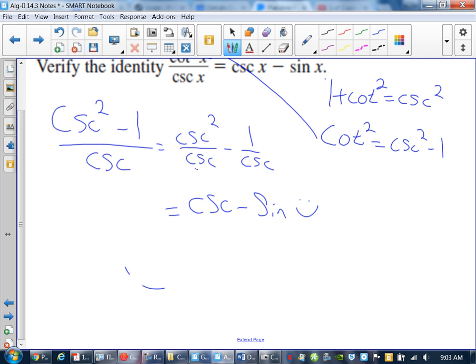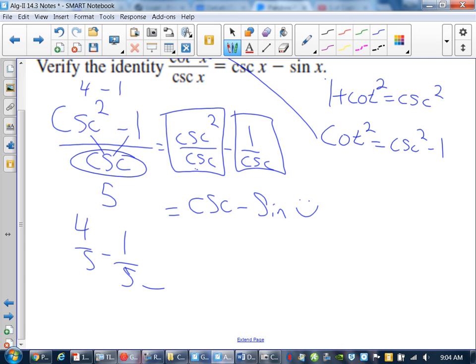Think of this as 4 minus 1 over 5. That's the same thing as saying 4/5 minus 1/5. Since this is the common between both of these, because there's no addition or subtraction down here, it had to be in both parts. That means I can break it apart into two separate fractions. That's how that one works.